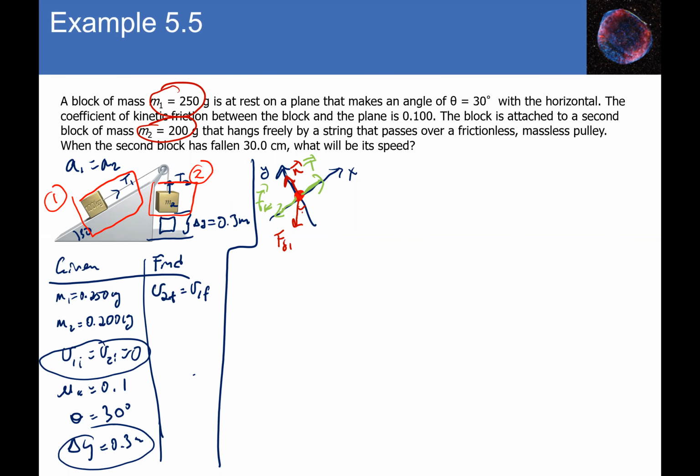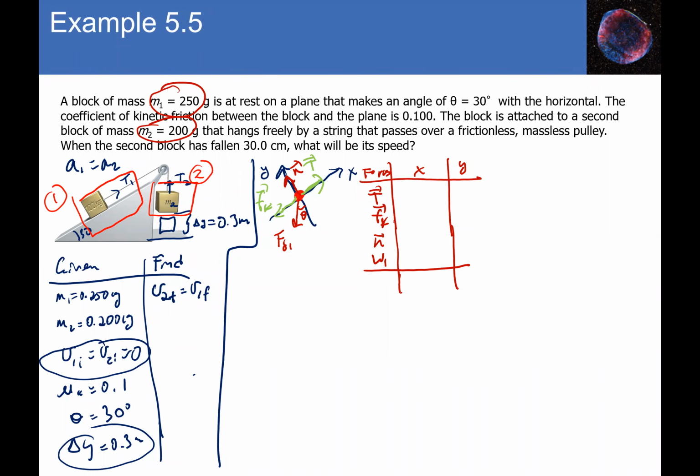Remember, this ends up being the same angle theta. So then when I'm looking at the force table for this, I have tension, I have kinetic friction, I have normal force, and I have weight, the weight of 1.